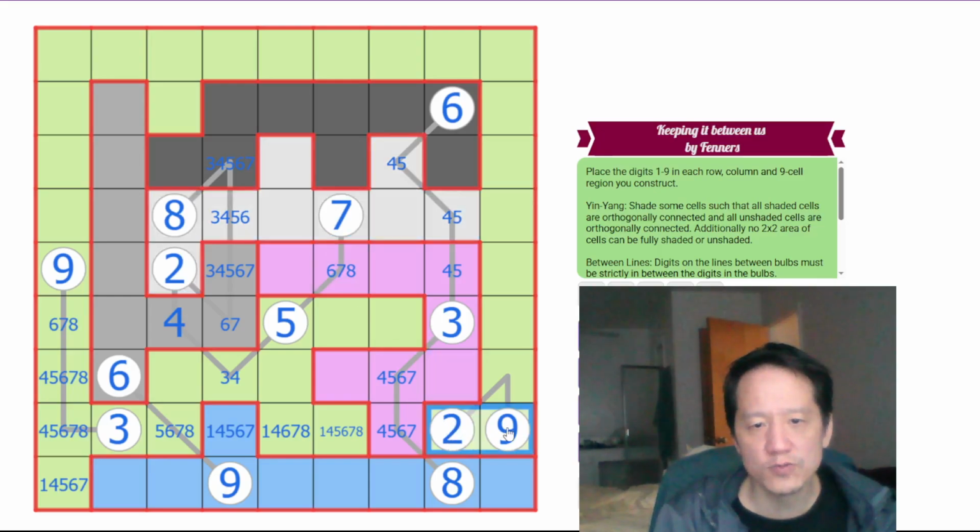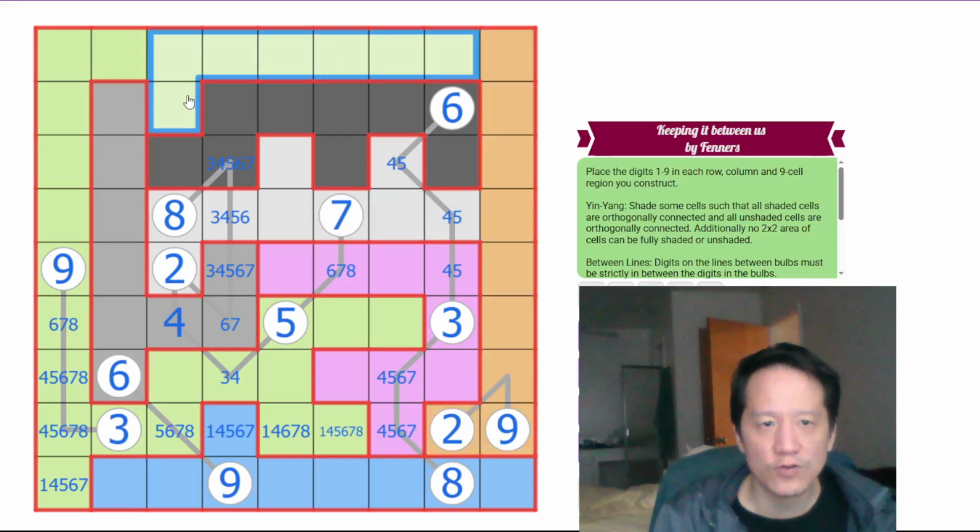This has to be a region. 1, 2, 3, 4, 5, 6, 7, 8, 9. This has to be a region. 1, 2, 3, 4, 5, 6, 7, 8. Wait, 1, 2, 3, 4, 5, 6, 7, 8, 9 is a region.